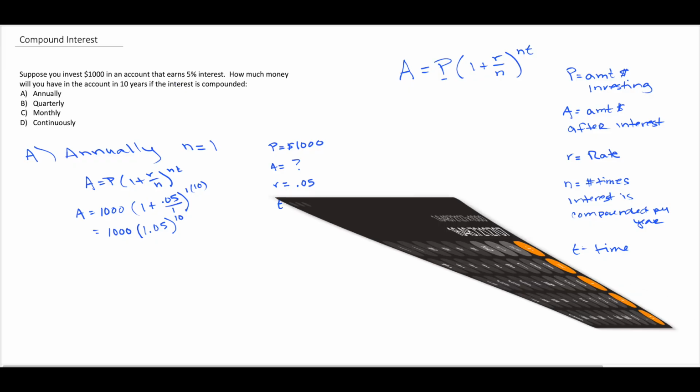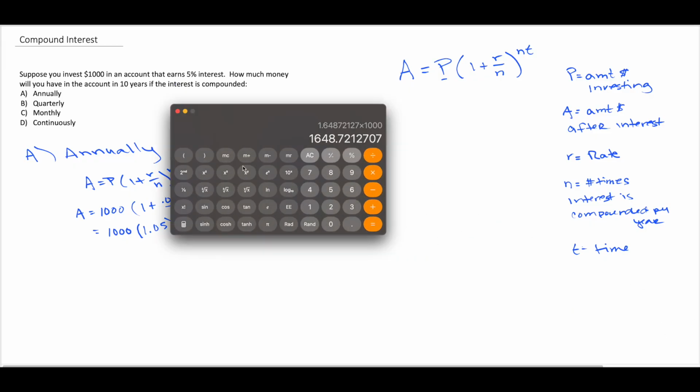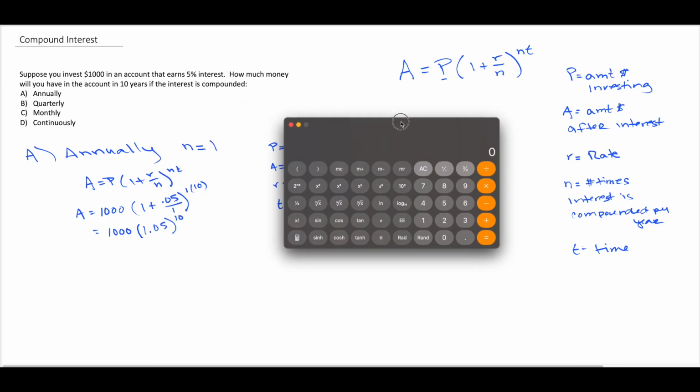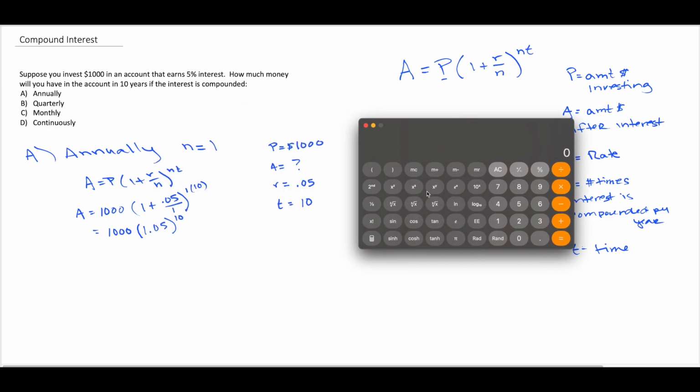I'm just going to go ahead and pull up this calculator on my computer. I'm going to start with the base, 1.05, and then we're going to take that to the 10th power. Okay, so that's that number, and then we're going to multiply that by 1,000. Let's go ahead and just round to the nearest hundredth.